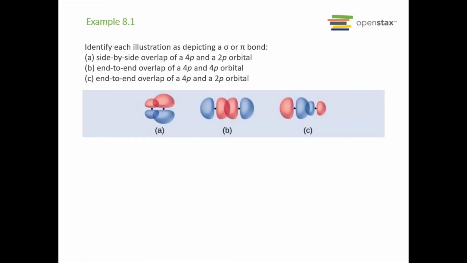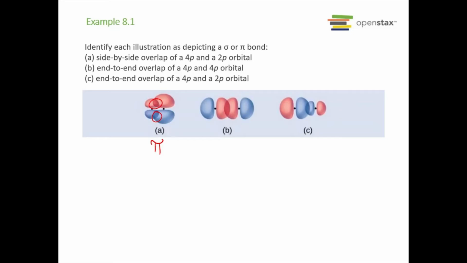In the example here, we want to identify each illustration as depicting a sigma or a pi bond. In A, what we see is side-by-side overlap of a 4p and a 2p orbital. When you look at this, you have side-by-side overlap with a node in the center. That means this has to be a pi bond. And you don't even need the pictures to figure these out.